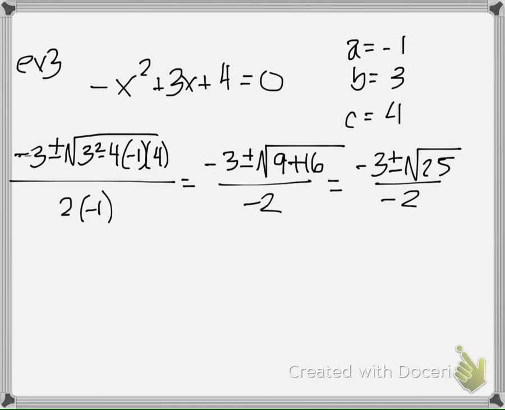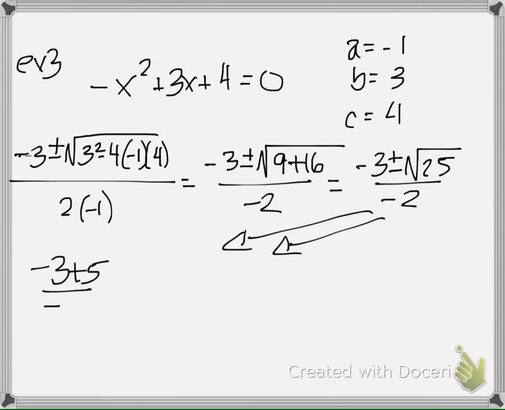Again, the square root symbol is fully simplified. We can split our equation now. -3 plus 5 over -2 and -3 minus 5 over -2.